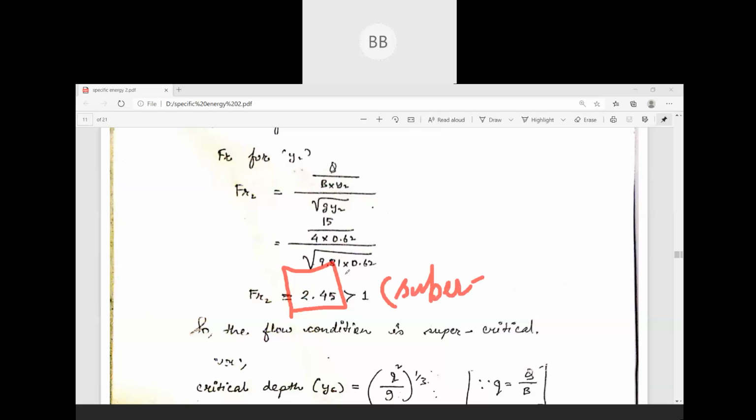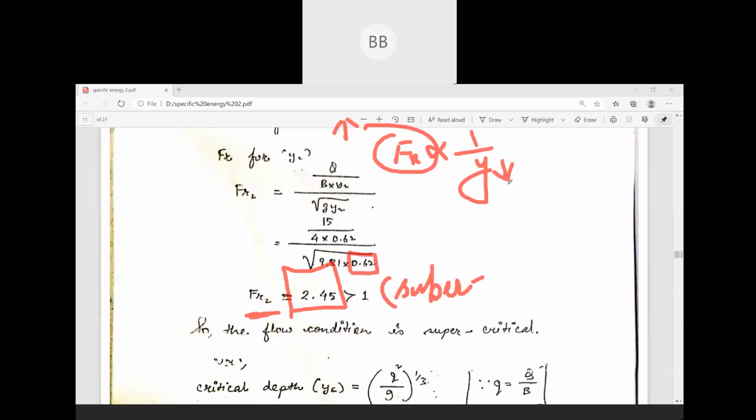So if you can see here, when your depth of flow is small, you have a high Froude number. That is, your Froude number is inversely proportional to your depth of flow. If your depth of flow is small, then the Froude number will be big, and vice versa.